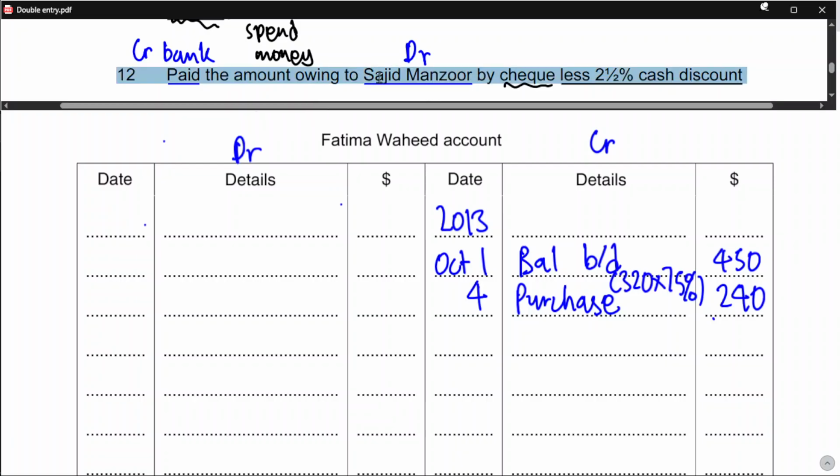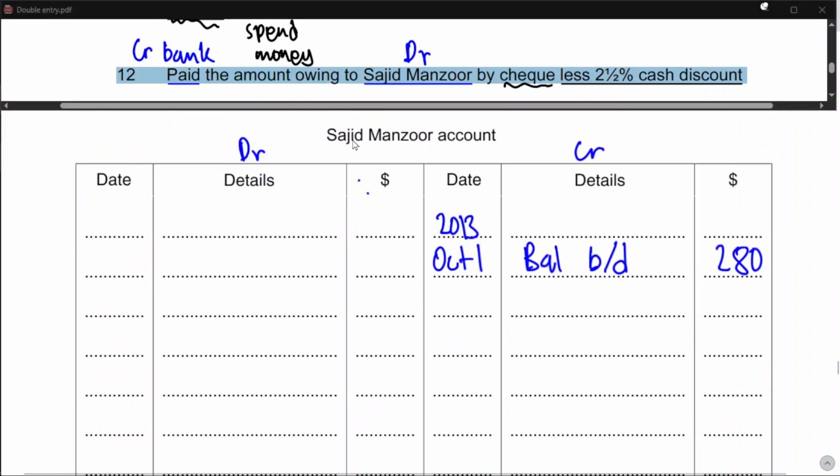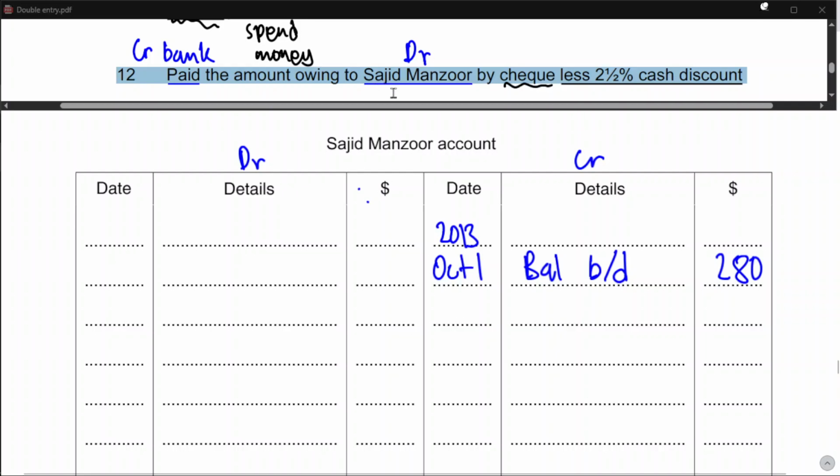Next line he wants us to do Sajid. Go to Sajid account, and Sajid debit bank. This one is October 12.